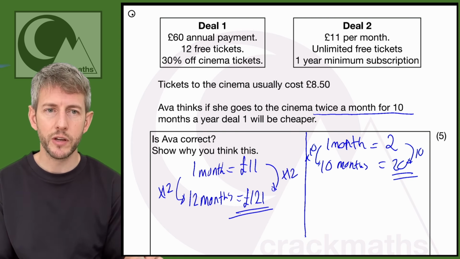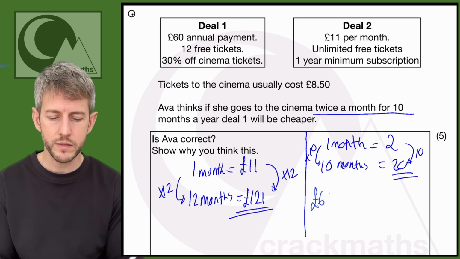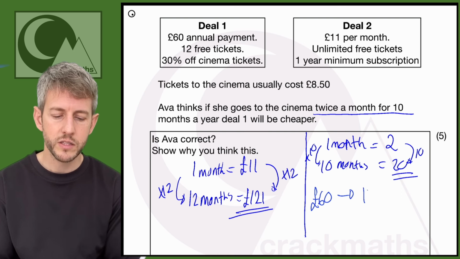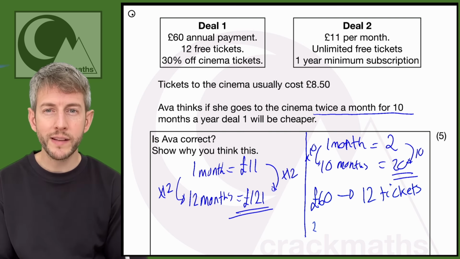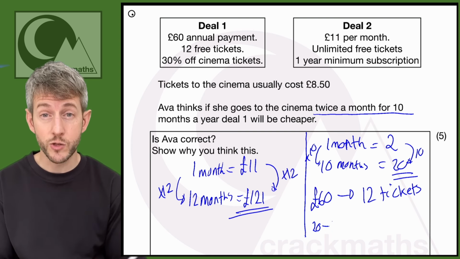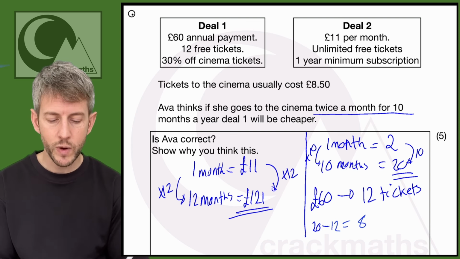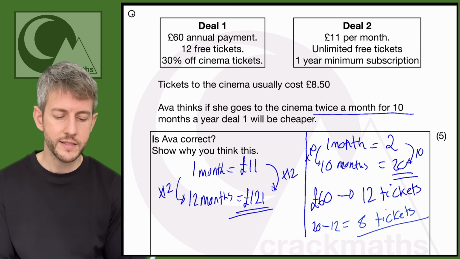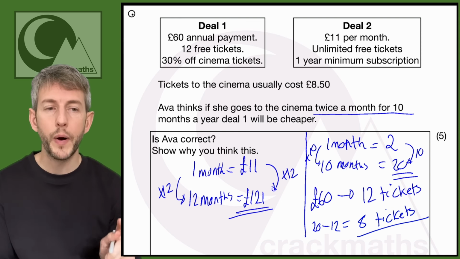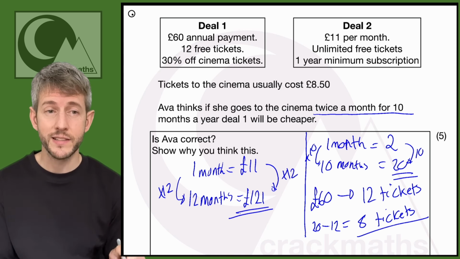So let's first have a look. £60 on this deal is going to get her 12 tickets. So we want 20 tickets, and the £60 gets you 12. So we can do 20 take away 12 equals 8 tickets. So we're looking to buy 8 more tickets.